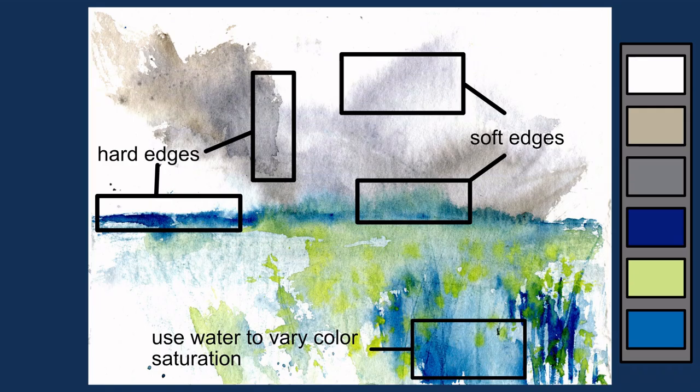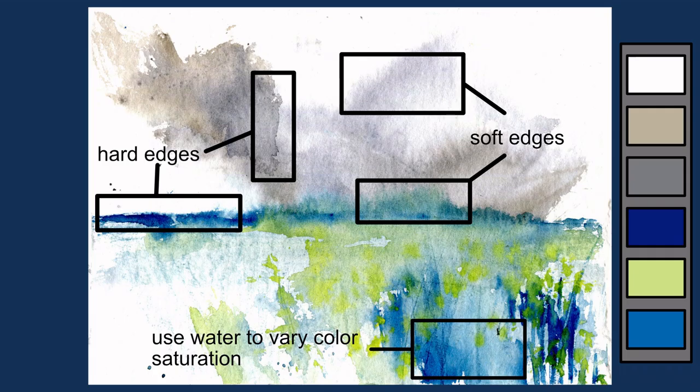In the painting we just saw me doing in the sky, we have examples of both of those types of edges. On the left, we've got some hard edges and also the horizon line where it meets the sky. There's hard edges there as well.